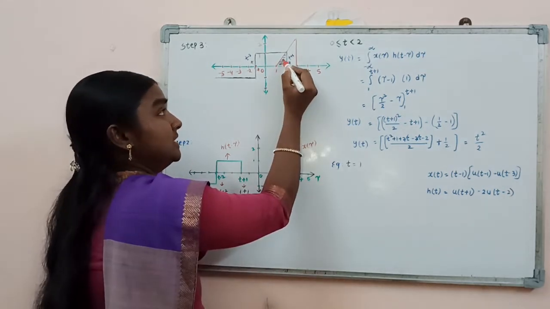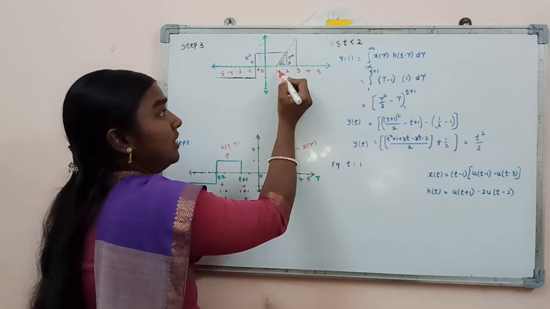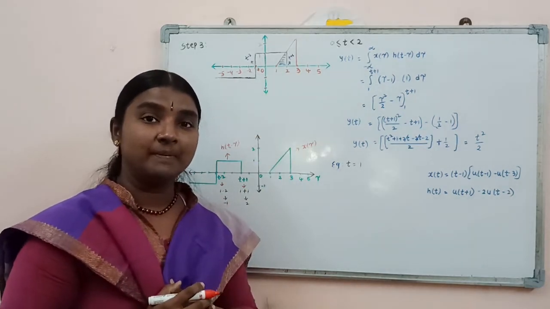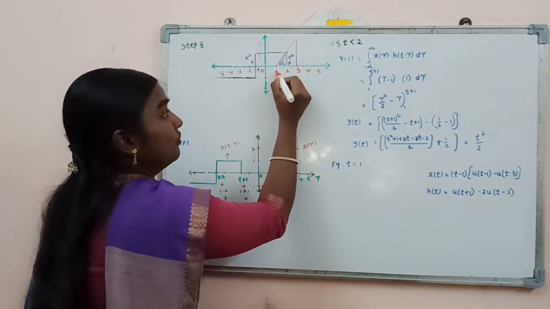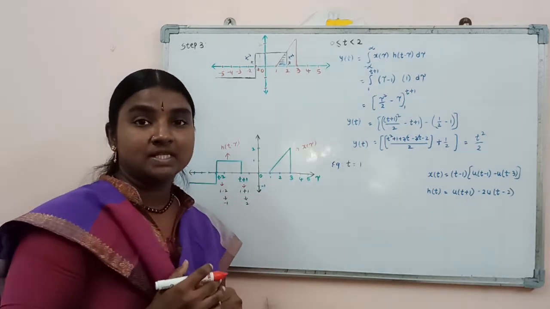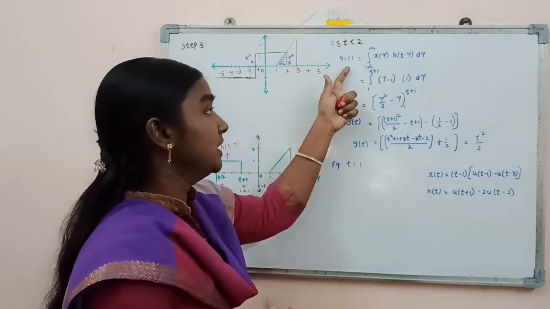Here we can see, if we find the output signal y of t for this overlapping area, the integral limits can be from 1 to t plus 1 for both the x of tau and h of t minus tau signals.